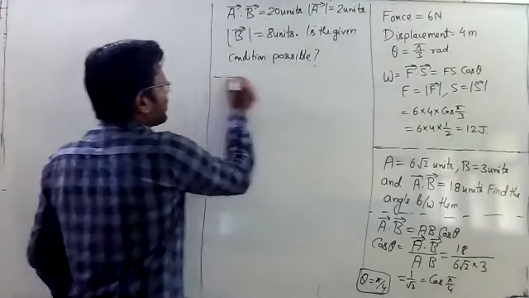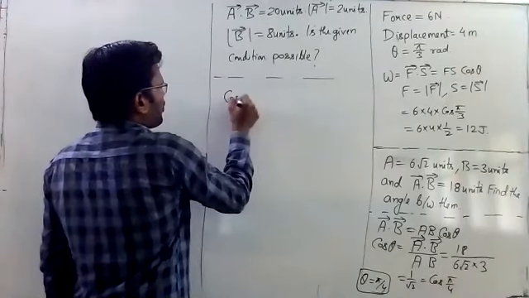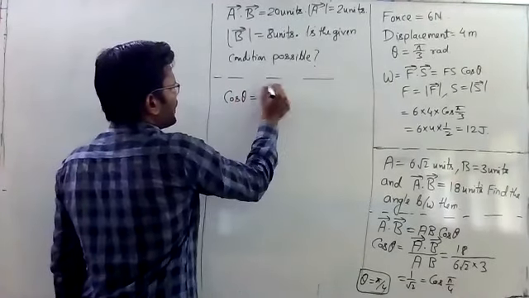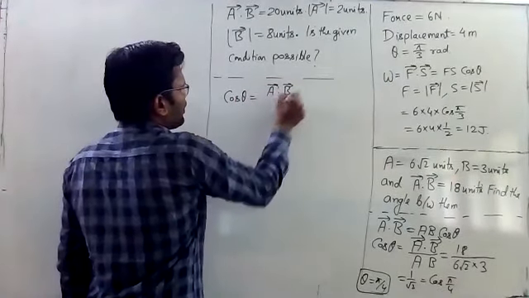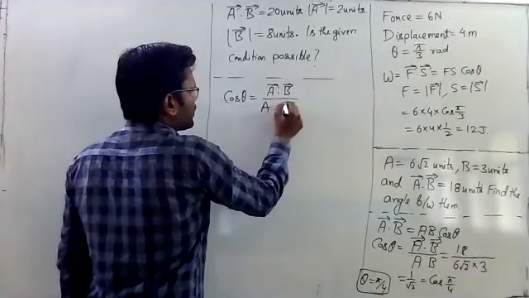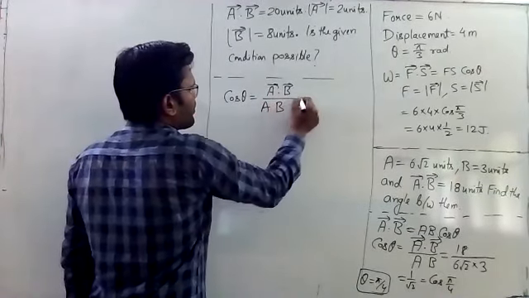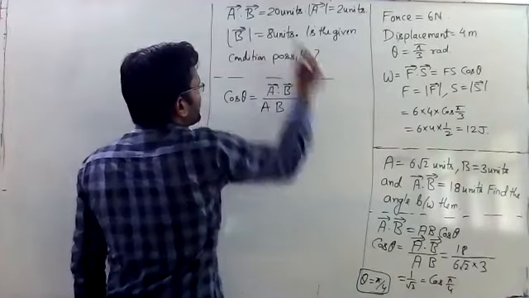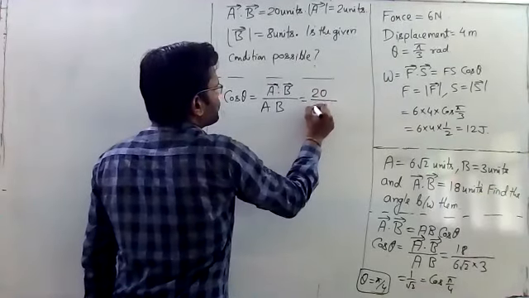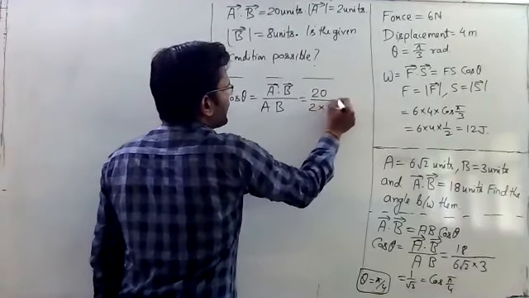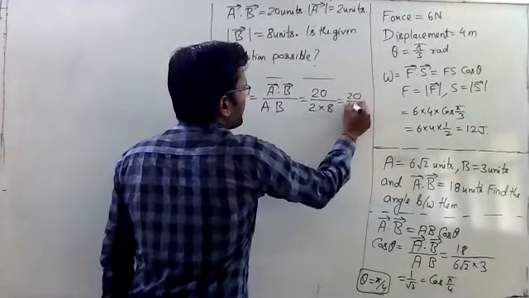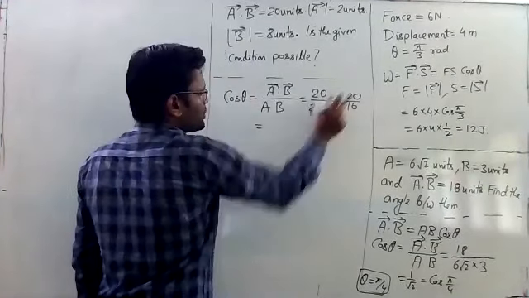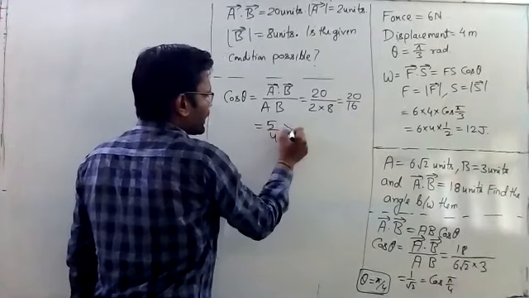Simply just see here. You know cos theta is A dot B by magnitude of A into magnitude of B. So A dot B is 20, magnitude of A is 2, magnitude of B is 8. So that is equal to 20 by 16, which means 5 by 4, greater than 1.